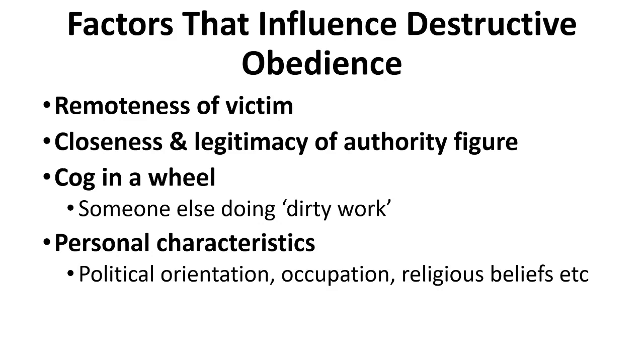If the confederate was in the same room as the participant delivering the shocks, they were a lot more likely to disobey because the person was right there and they could see the effect of their action. So the more remote the victim, the easier it is to obey an authority figure.